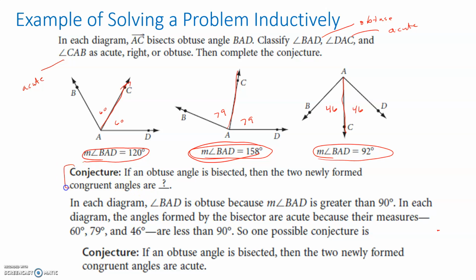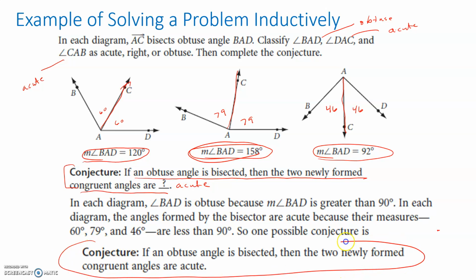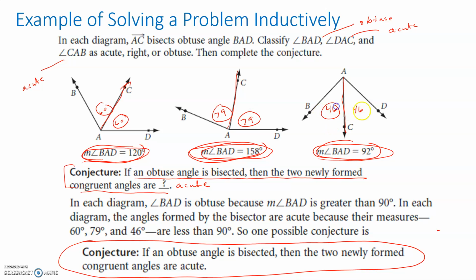So the conjecture says, if an obtuse angle is bisected, then the two newly formed congruent angles are going to be acute. So that's what the conjecture is down here. I got that just by looking at examples. I saw a pattern. If I had an obtuse angle that is bisected, I got acute angles each time.